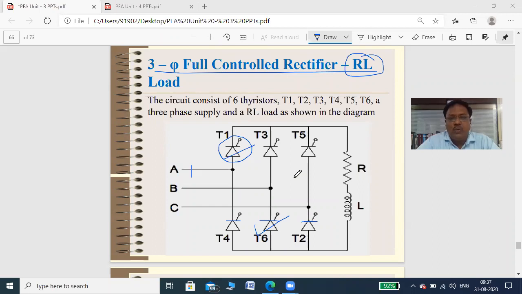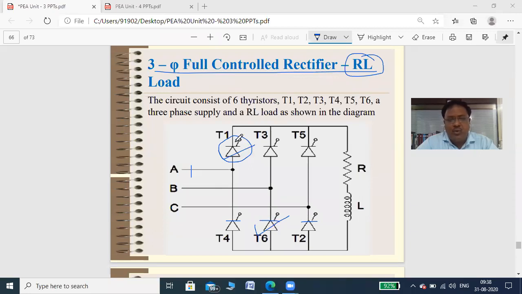This should be remembered; it is very important. If you use two separate circuits, then definitely the circuit will not work properly. So the same triggering circuit is used to trigger T1 as well as T6. This should be kept in your mind.